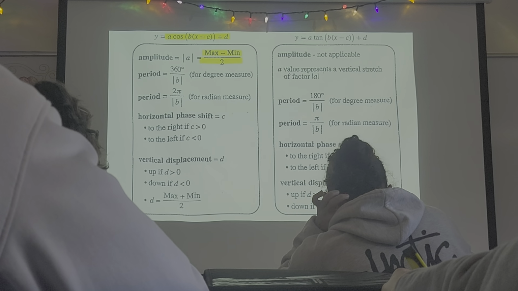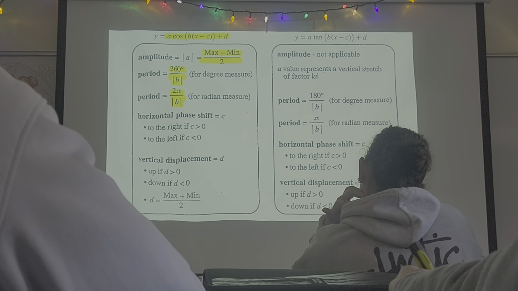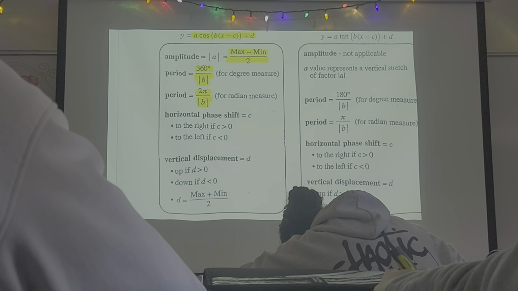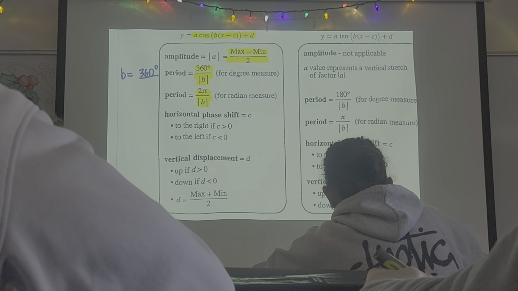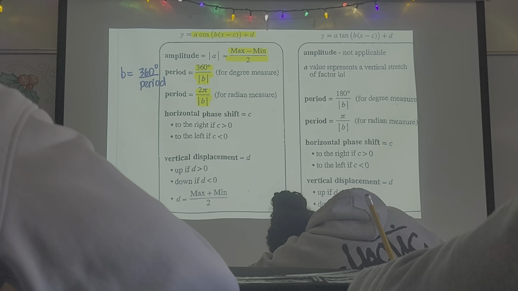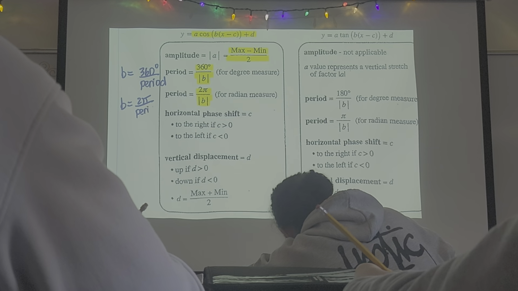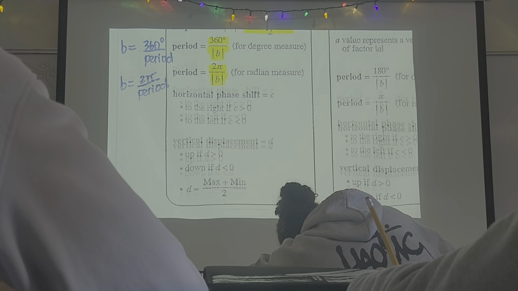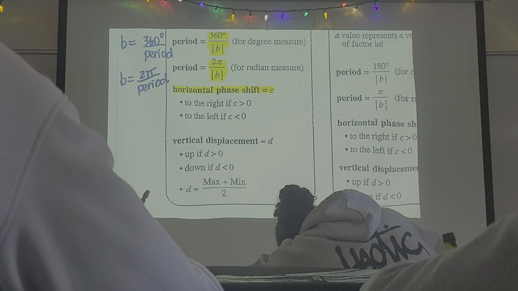Our period again is 360 over B, or 2 pi over B. Remember, we solved for B by going 360 over period, or 2 pi over period. C is your phase shift that we just looked at. And D is your vertical displacement.